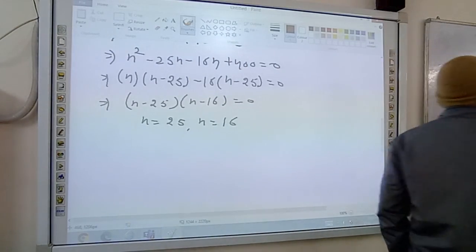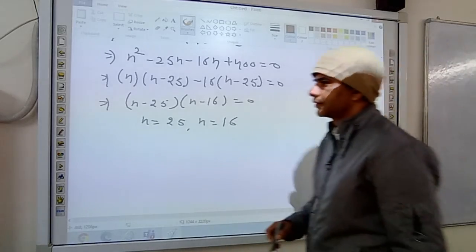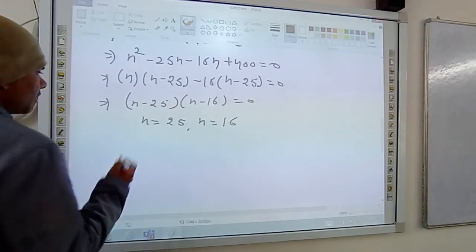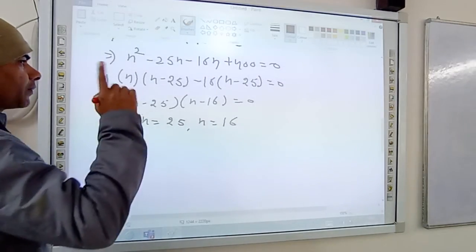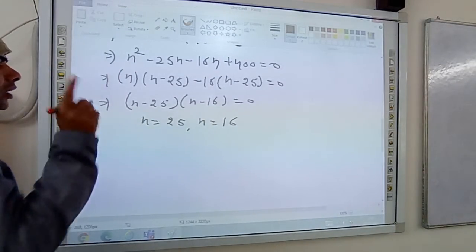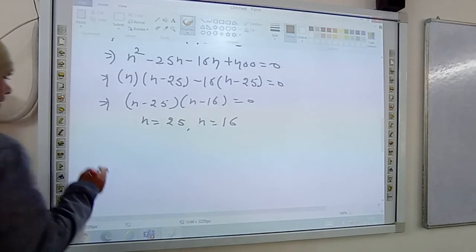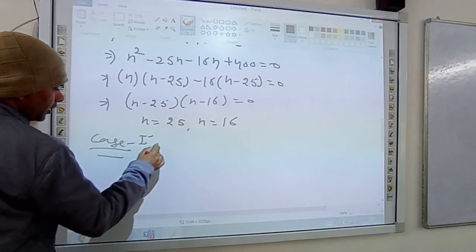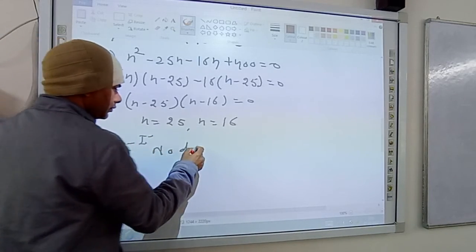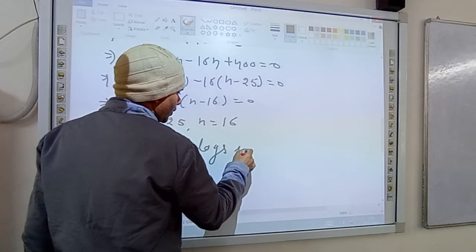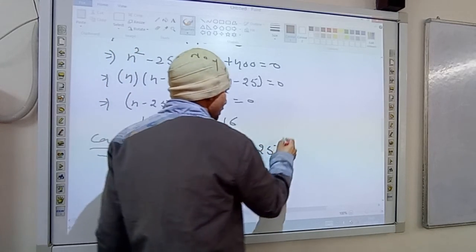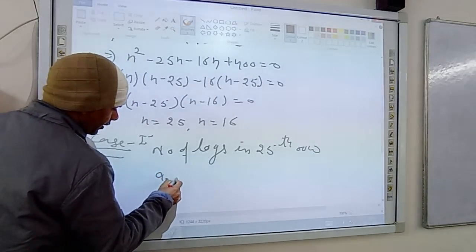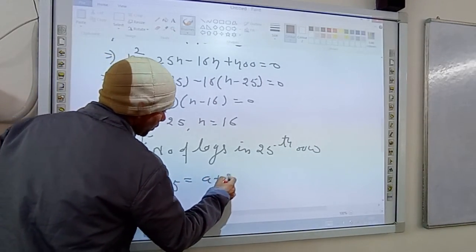Case first: it means the number of rows is 25. Then the number of logs in the 25th row, the top row, is a25, that is a plus 24d.